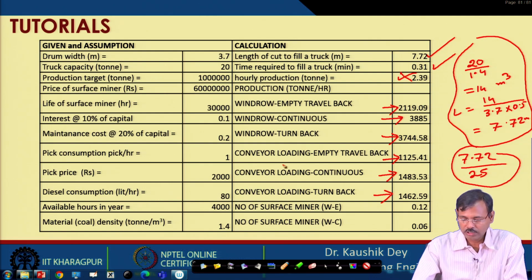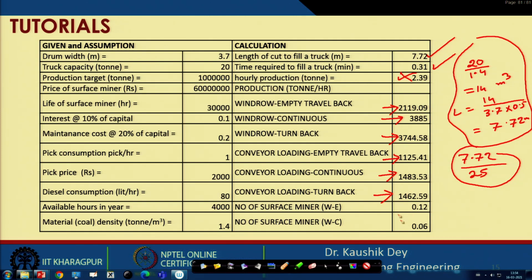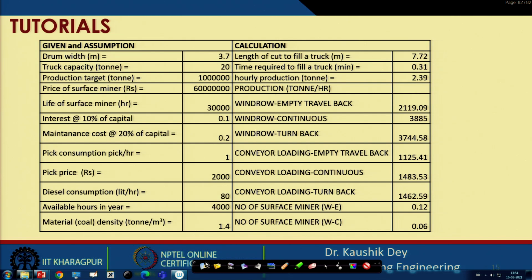So, considering this, these are the production target, how many number of machines are required, considering 1 million ton is found here, but our requirement is that we need to find out the costing. So, we have to consider different cost components. As it is known, our first component is capital cost.